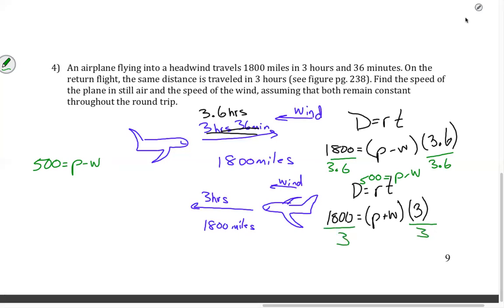Divide by 3. This gives me 600 equals P plus W.